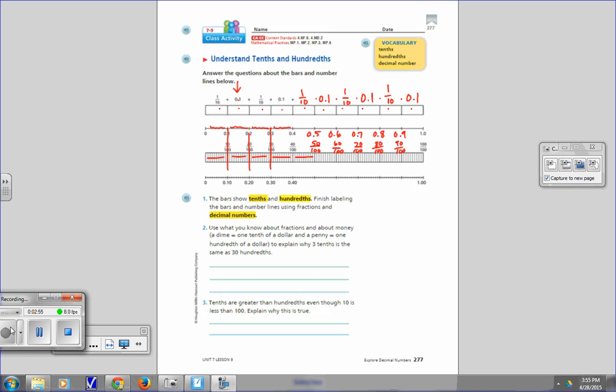Same thing below. It is still a number line, and it's broken into smaller pieces. So there's 100 little pieces now in this number line.